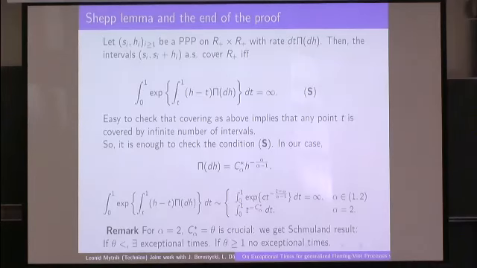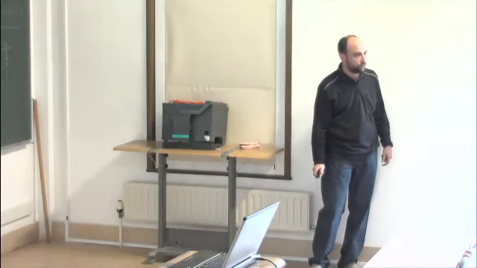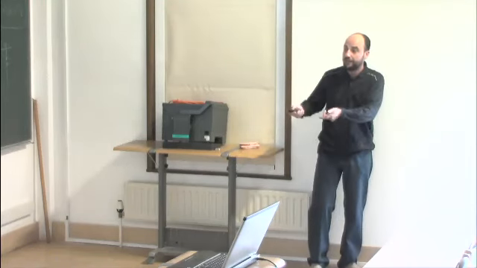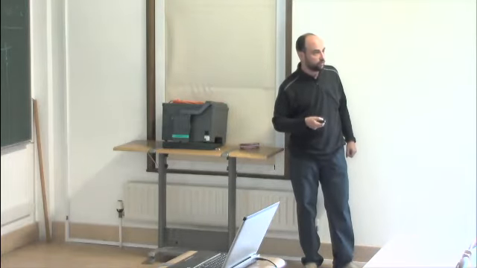Which means when theta is less than 1, it converges, which means you don't cover, you have exceptional times. You have some points which are not covered by the lives of surviving clusters. And if alpha is greater than 1, no exceptional times, these integrals diverge. So it's exactly a reproof of Schmuland's result by the Poisson construction of a solution to the SPDE.